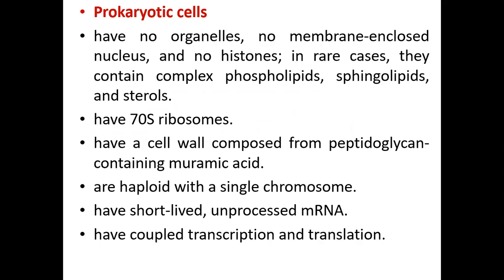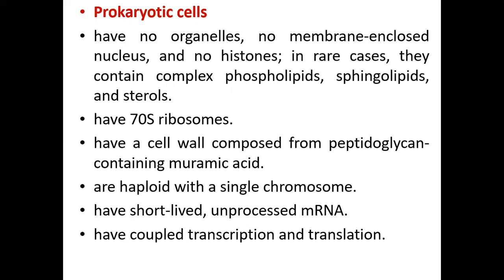One of the most important features that help distinguish between the two types of cells is the presence or absence of a nuclear membrane or true nucleus. Prokaryotic cells have no organelles, which means no mitochondria or Golgi apparatus, no membrane-enclosed nucleus, and no histone.